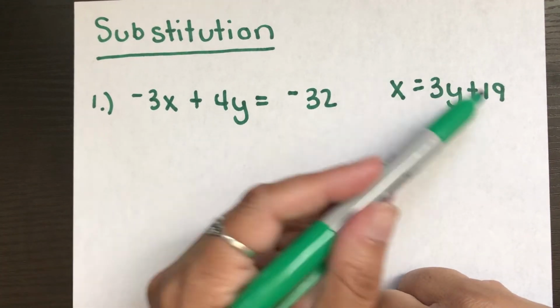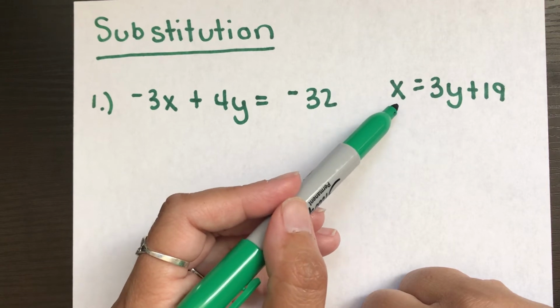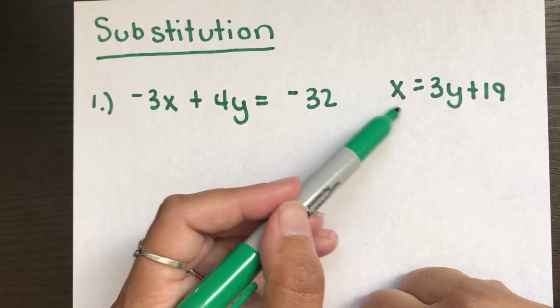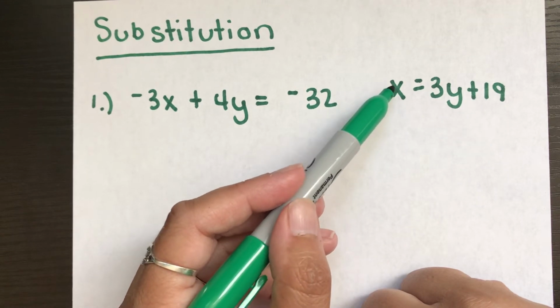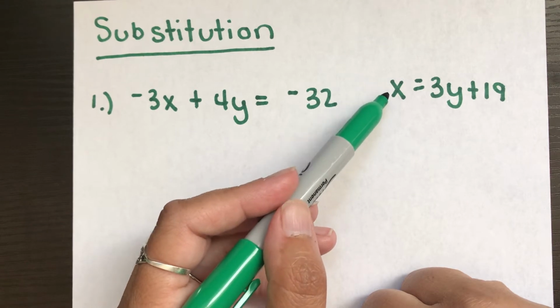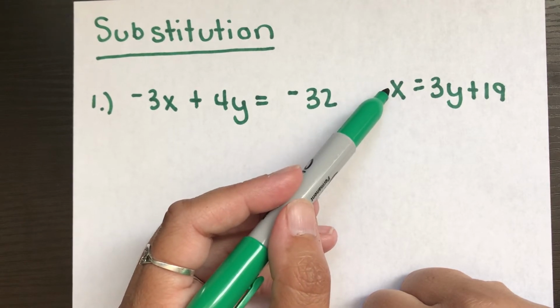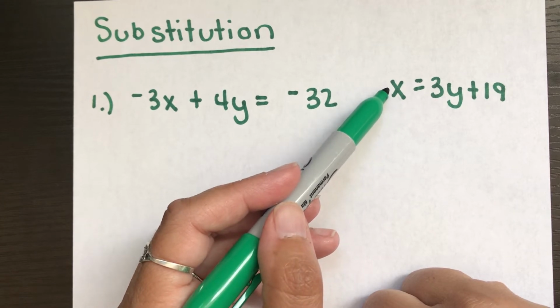But when I come over here, I notice that there's a variable isolated, and that's x. Even if the x wasn't isolated and it was over on the other side, or the 19 was over with it, in front of x is a 1, since I don't see a coefficient here. I know there's a 1 in front of x.